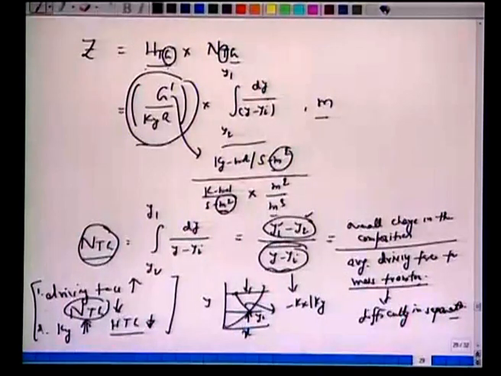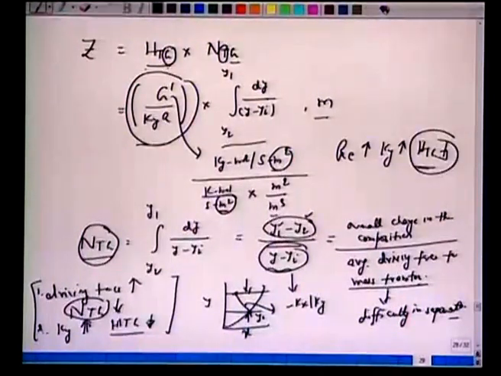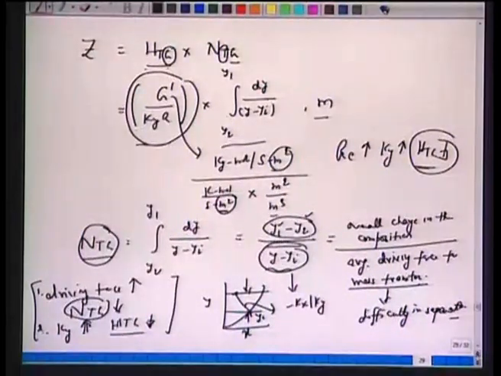Similarly, for height of a transfer unit, if the Reynolds number is very large, the mass transfer coefficient will be large and the height will be smaller. So, for a given separation we require a very small column to cause a change in the compositions across any differential element or across a transfer unit, and the two together multiplied give you the height of a column. All right, thank you.